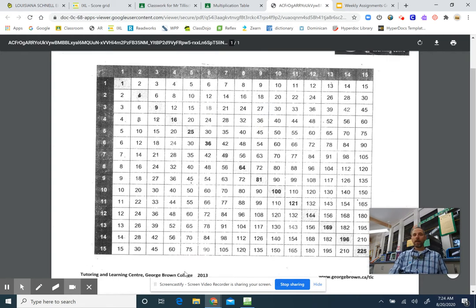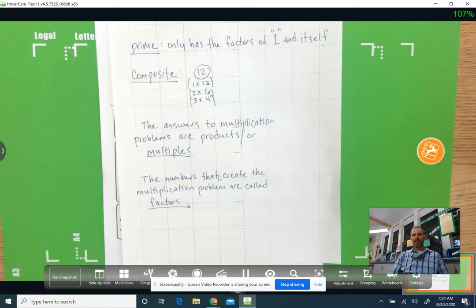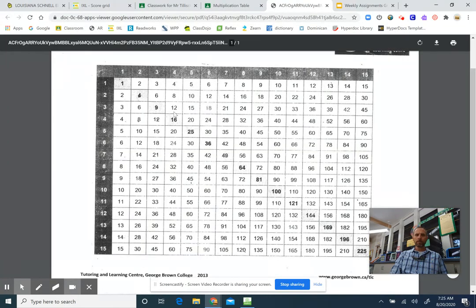All right, now what did I just say? I just said that problem number 5 takes us back to a really important vocabulary word for us in mathematics, and that is the idea of multiples. Okay, multiples and products, or answers to multiplication problems, are found inside of the multiplication table.